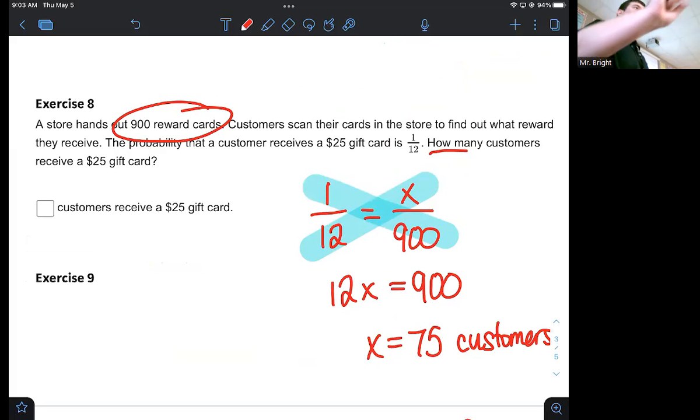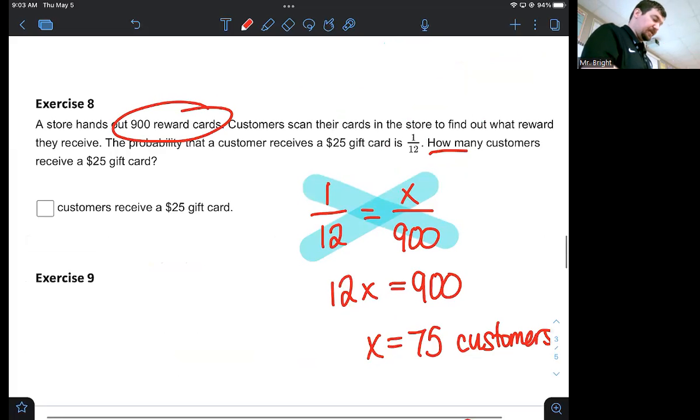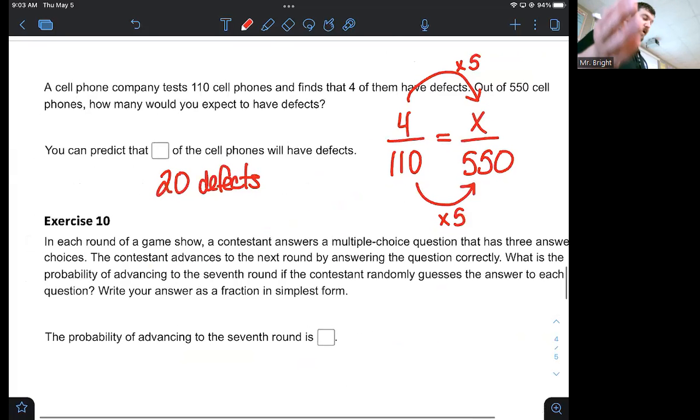It's because 1 out of every 12 cards was a $25 gift card. And out of 900, that means there was 75 of them. So I guess you would treat the problem the same way, but that's the difference between knowing for sure how many people are going to win versus not really knowing how many. I'm making a prediction. I think there will be 20 bad cell phones out of 550 just based on what I saw in the first shipment.